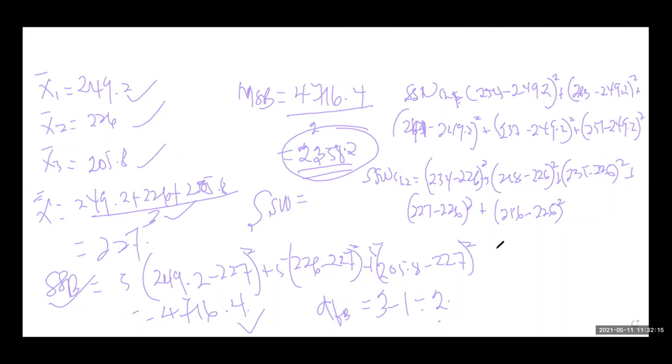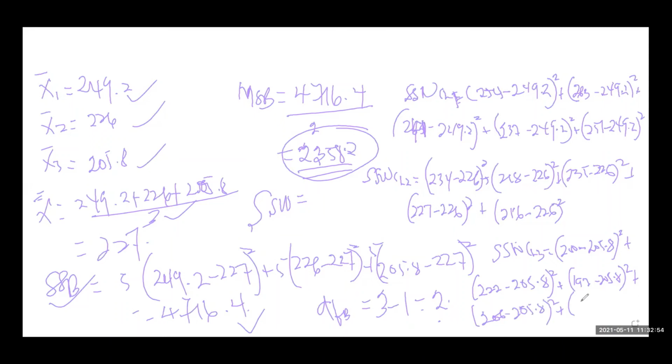Then I can calculate SSW for club 3. Again, this is 200 minus 205.8, plus, let me write it here, 222 minus 205.8, plus 197 minus 205.8, plus 206 minus 205.8, plus 204 minus 205.8, squared.